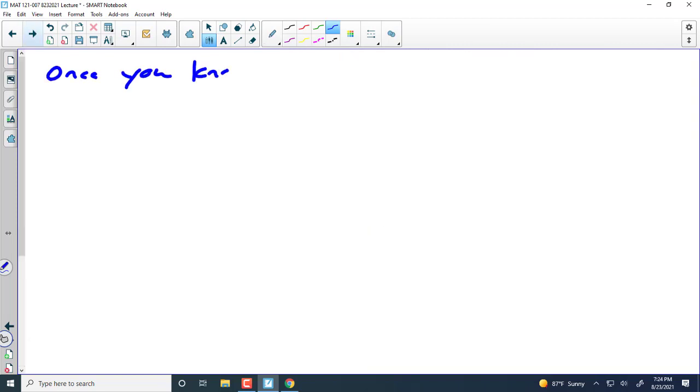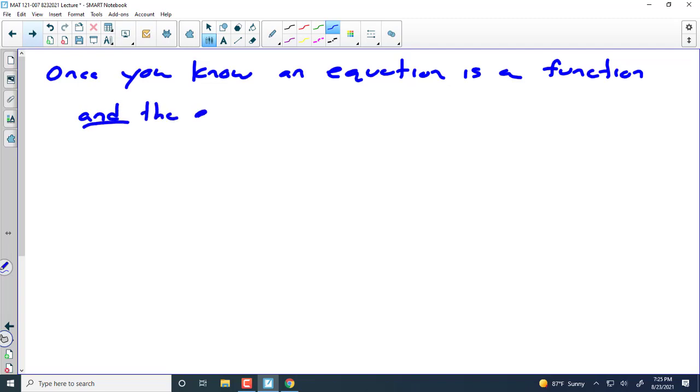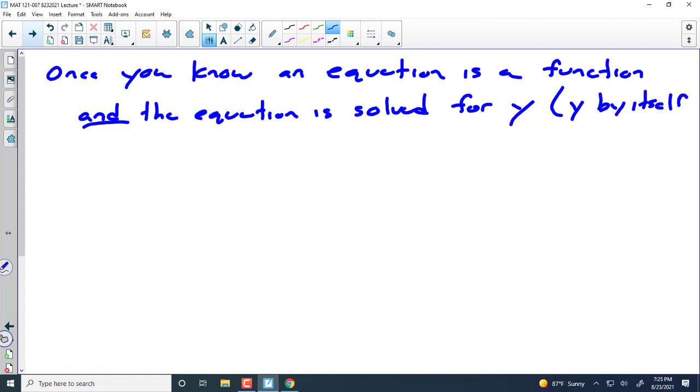Once you know an equation is a function and the equation is solved for y, and solved for y just means y by itself and no other y.